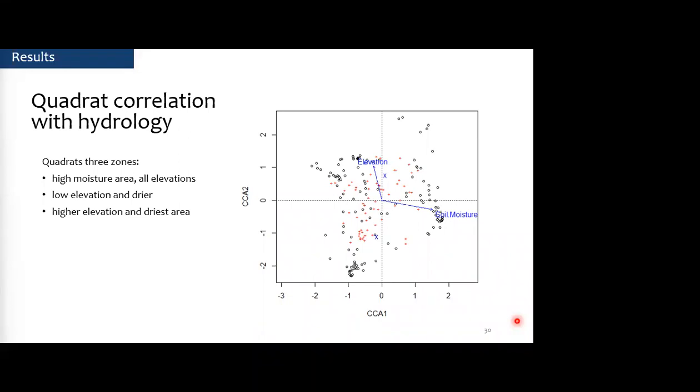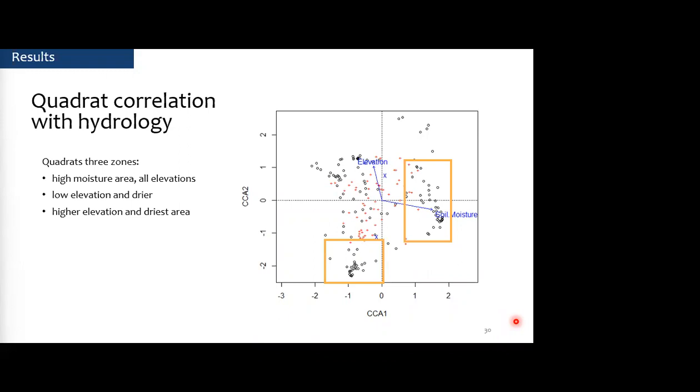In this next model, which is canonical correspondence analysis, the figure shows the relationship of the quadrats, which are these black circles, the species, shown as red crosses, and the moisture gradient and elevation gradient. What I can start to learn from this figure is that the quadrats are clustering in a few places. So on the wet end of the soil moisture gradient, there's one cluster of quadrats.